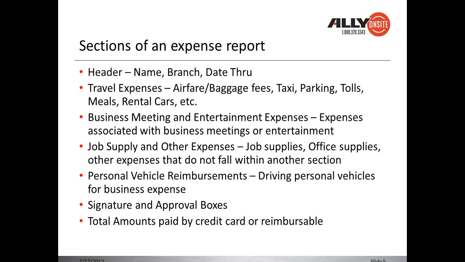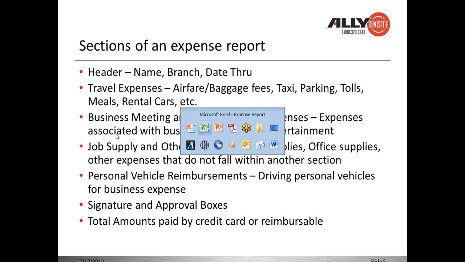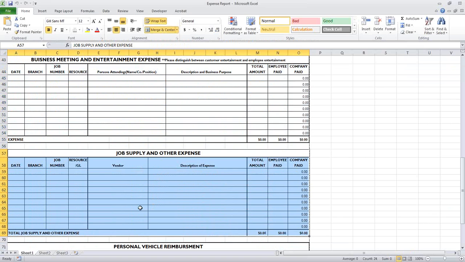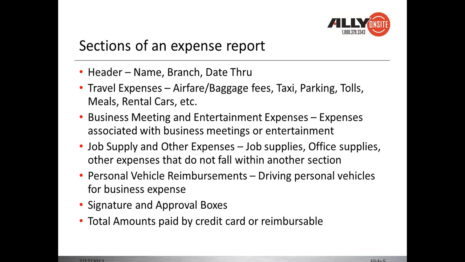This section includes expenses associated with business meetings or entertainment. The job supply and other expenses section is located right here. This section includes job supplies, office supplies, and any other expenses that do not fall within another section.